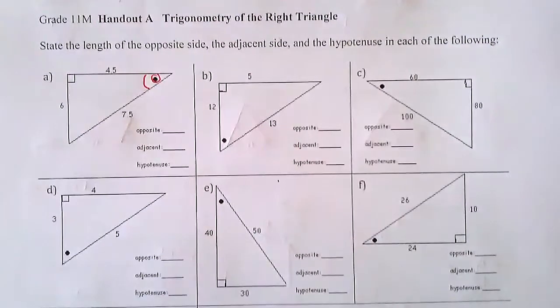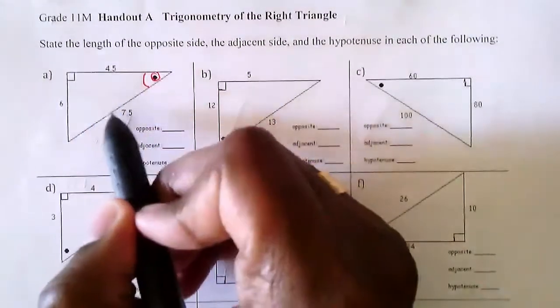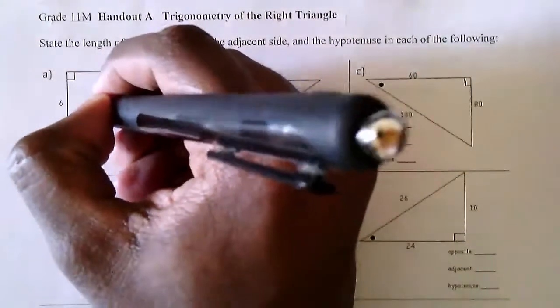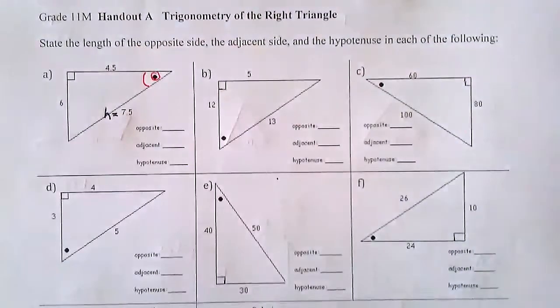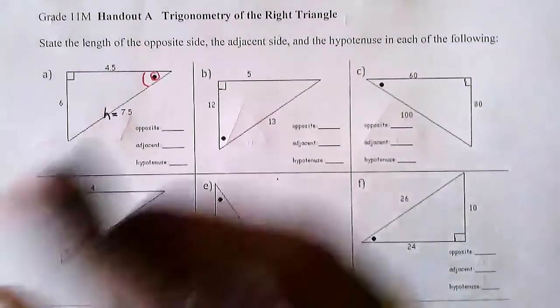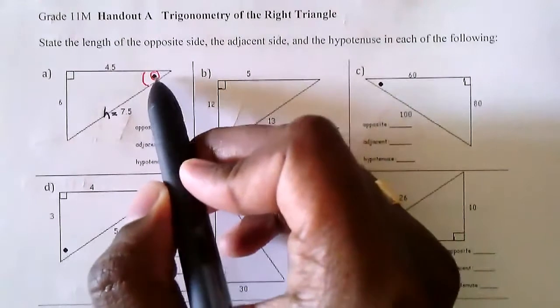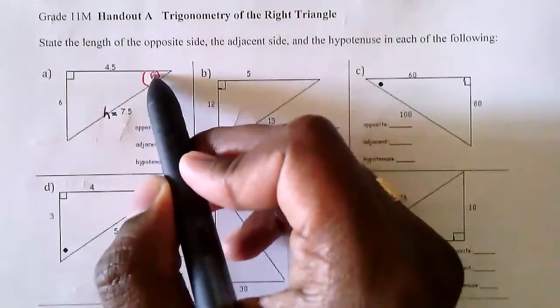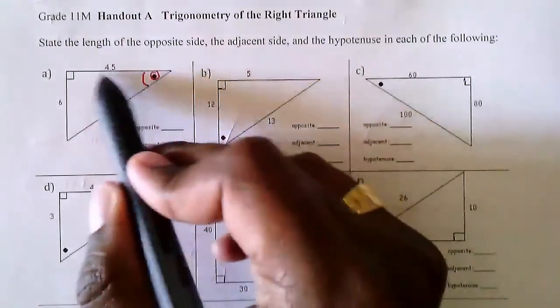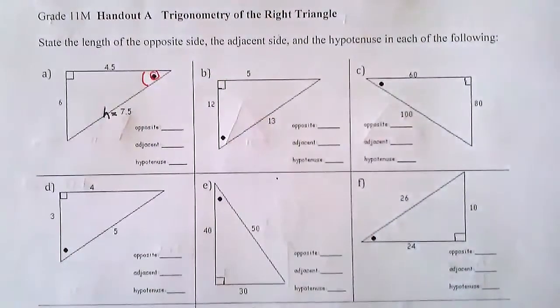Okay, so when you're labeling triangles, again, you always want to label the hypotenuse first. Here's the 90-degree angle. Here's the side that's opposite of it. So I'm going to call it H for hypotenuse. They also show me my angle of interest here. So if this is my angle of interest, the side close to it will be my adjacent.